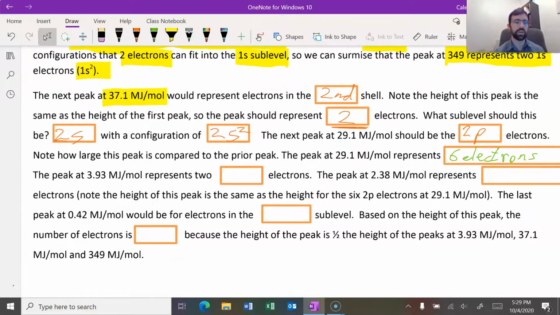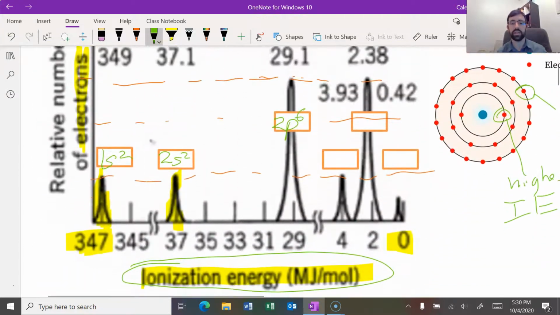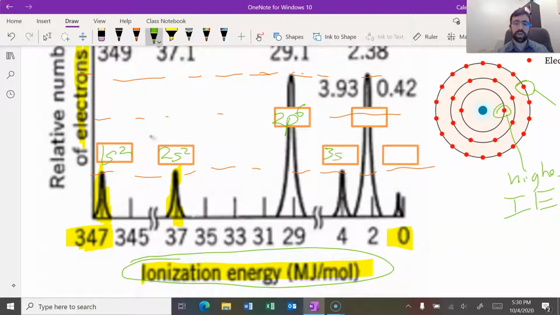The peak at 3.93 megajoules per mole represents the 3s electrons, because after we go to 2p6, the next energy level is 3s. And since we got 2 electrons, we could say this is 3s2.